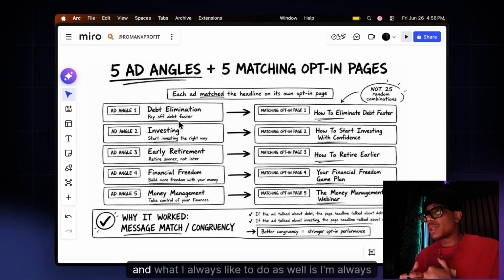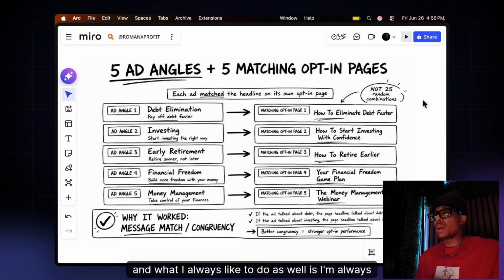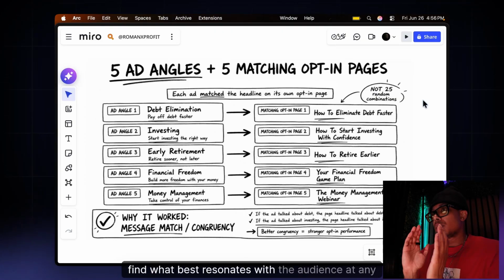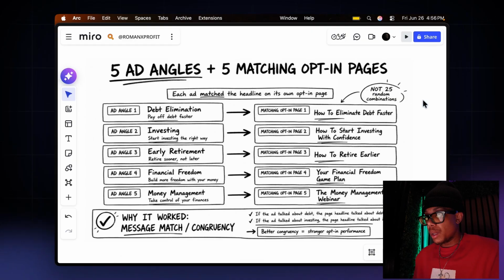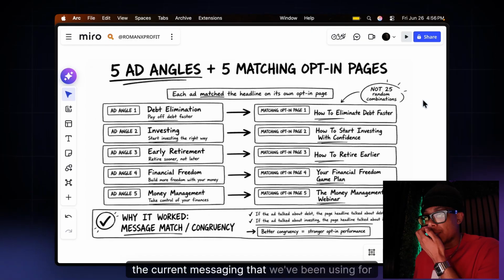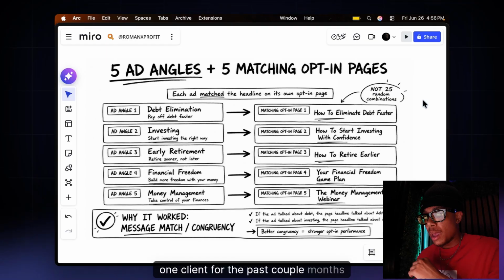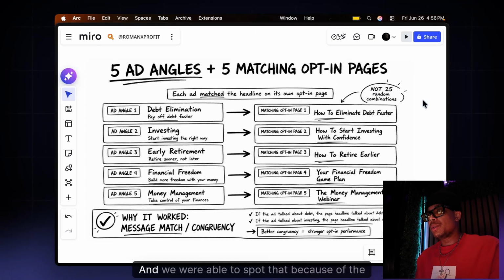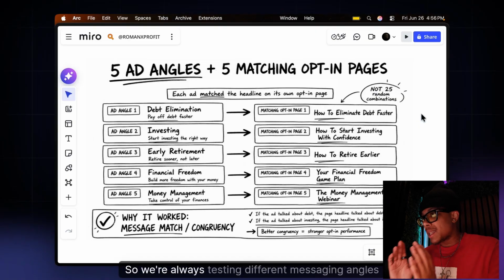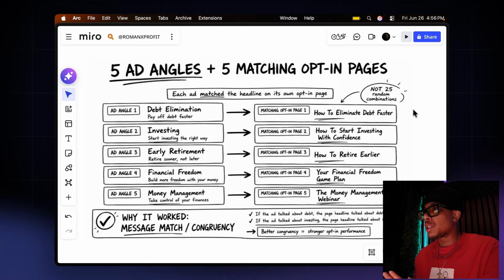Where I saw this offer was dropping off, and where I also found other offers are dropping off, is from the ad to the opt-in page. This explains it very simply, and I'll get into detail about the testing and the different angles. For every single ad that you have, the sales page has to line up exactly to what that lead just saw.